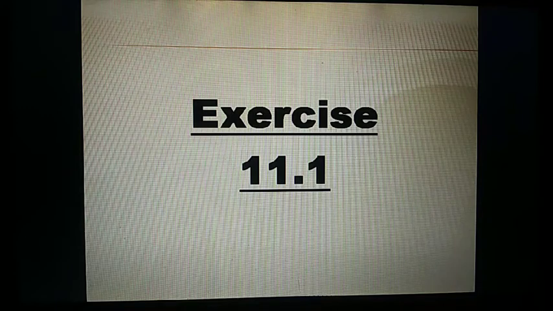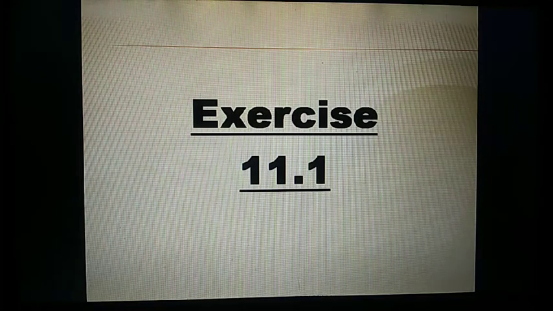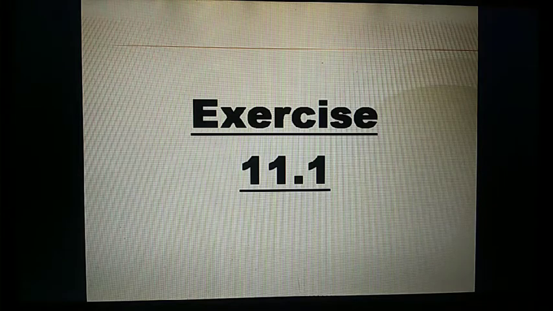Moving to exercise 11.1. Now in exercise 11.1, we are supposed to find the general rule and the pattern is given to you. Moving to the very first pattern, the letter given to you in the very first sum is T. Here you can see there are 2 lines in the stick.